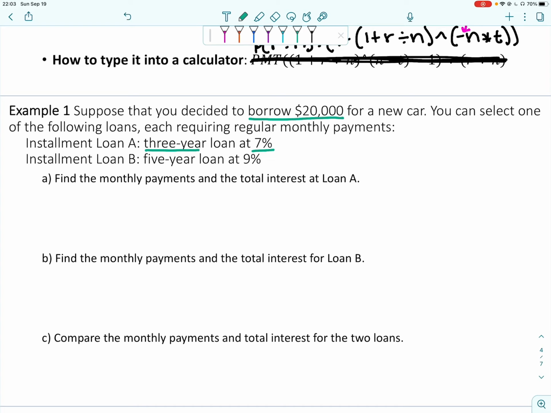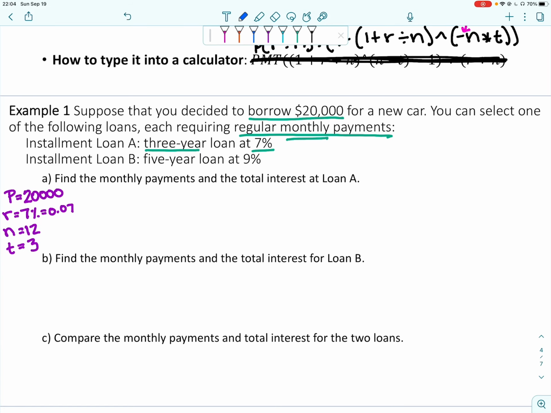So P is going to be $20,000. R is going to be 7%, 0.07. N, let's see, they require regular monthly payments. So N is 12. We're going to make these payments 12 times a year. And T, this is a 3-year loan.